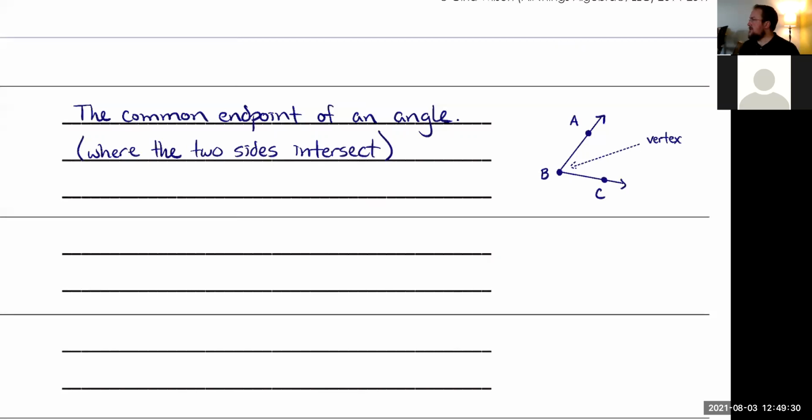So going back to what we said with angles, when you're naming the angle, the vertex has to be the middle point or the middle letter when you're naming it. It can't be the first or last because then you're talking about a completely different configuration.